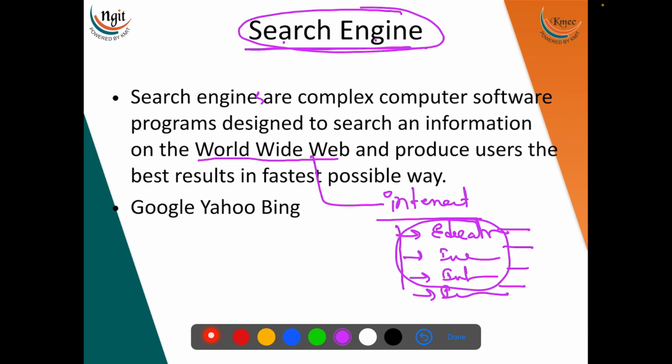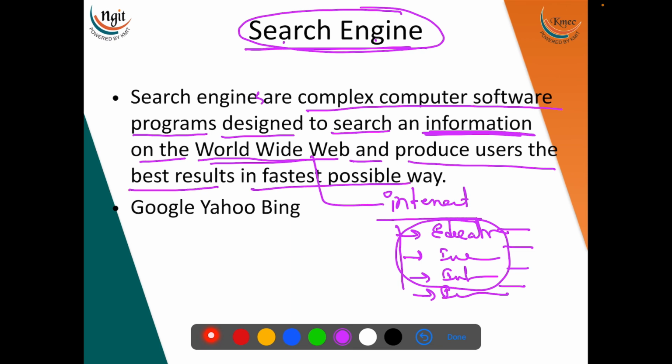Search engines are complex computer software programs designed to search for information on the internet and produce for users the best results in the fastest possible way. So basically, we all know Google is a search engine, but it is not the only one.